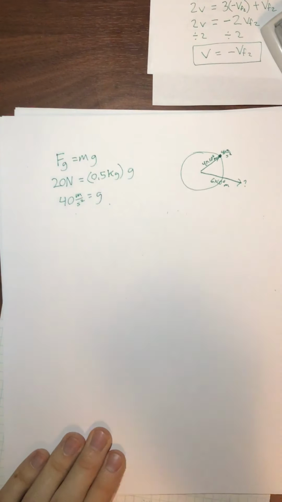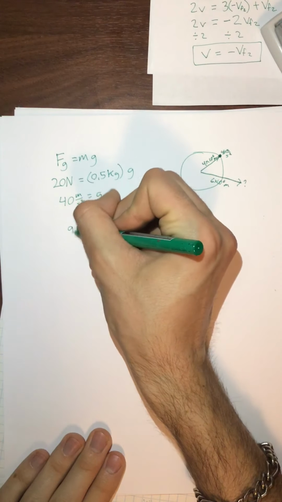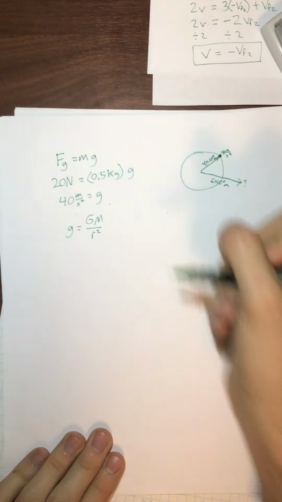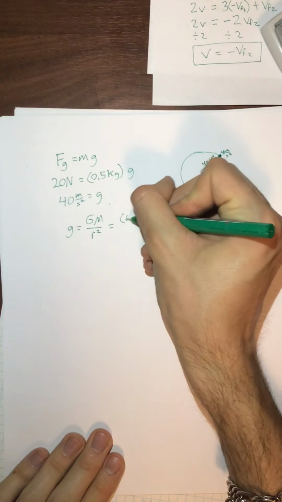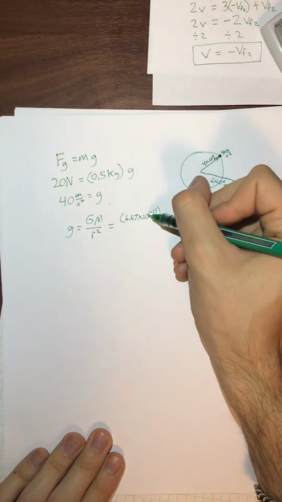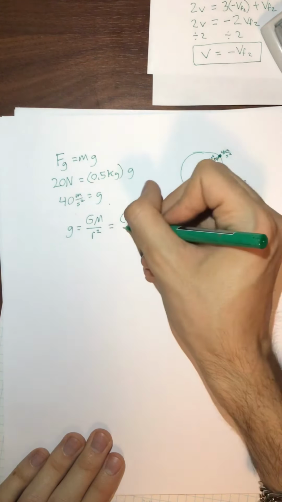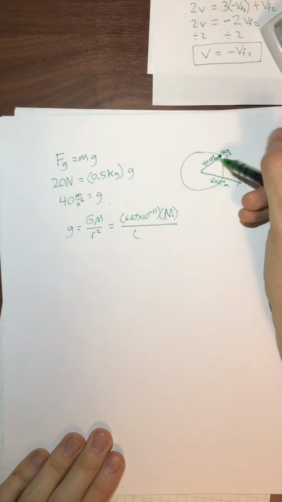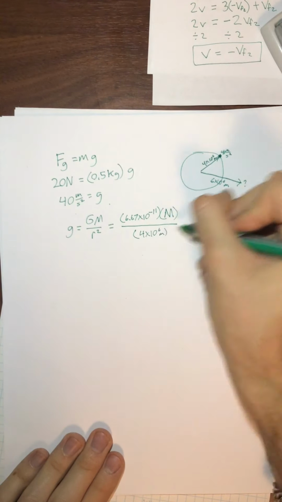Now, we know what g is, and so we can use that and we can plug it in to the general gravity equation that I derived on the other page. So if we have this, we know what G is, 6.67 times 10 to the negative 11. That's on the back of your reference table, multiplied by the mass of the planet, which is what we're currently solving for, divided by the radius that this number was given to us at, which was that 4 times 10 to the 6 meters number.